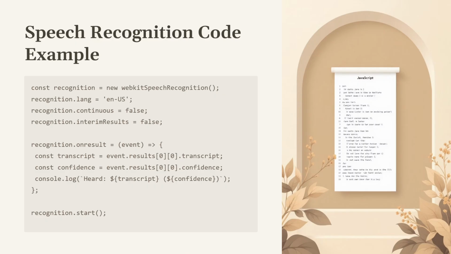You have to mention whether you want continuous and whether you want interim results. If yes, then true; if not, then false. So you have to mention this. And all these things we previously mentioned about confidence and transcript are used here. You can just take this code and manipulate it according to your preference and choice.